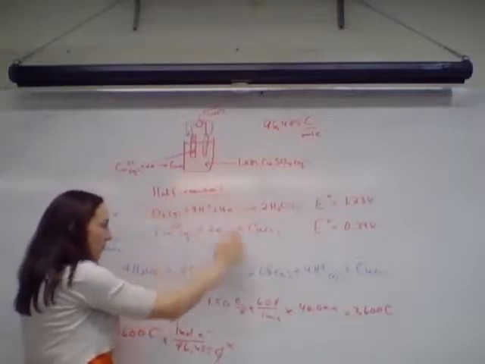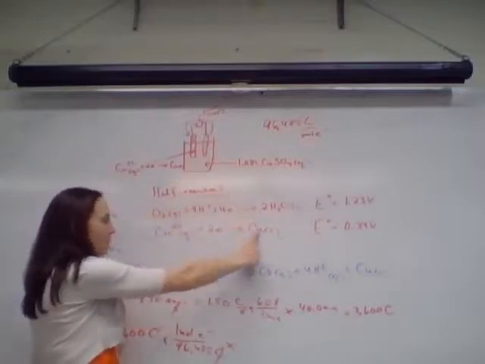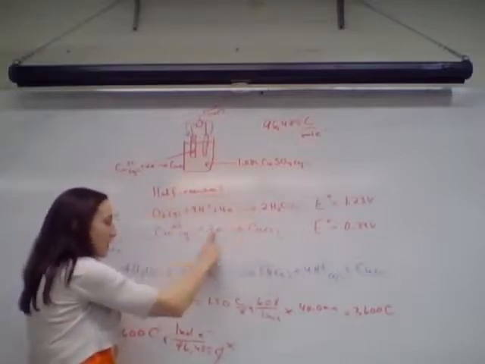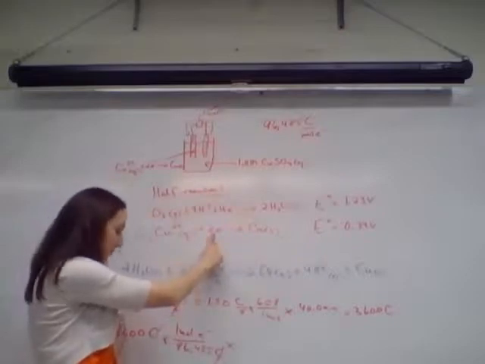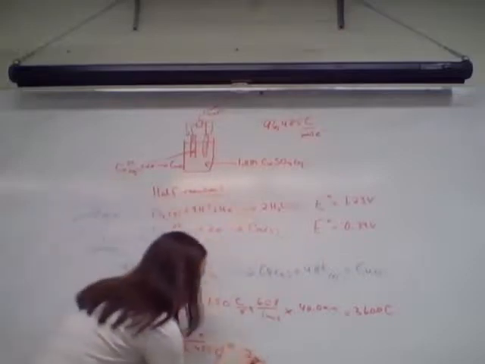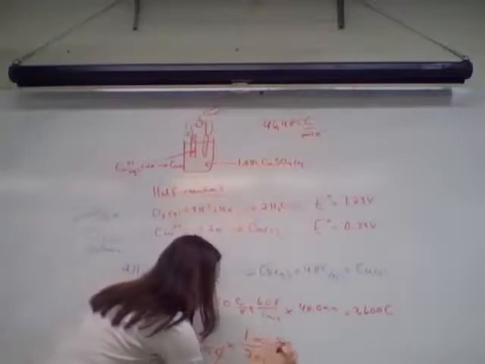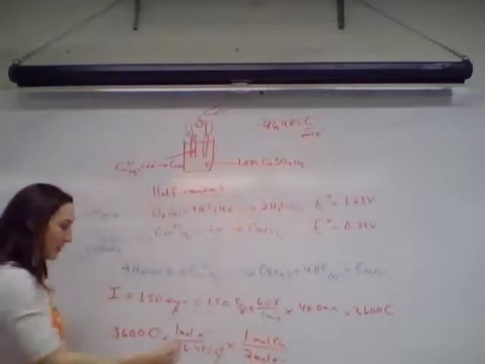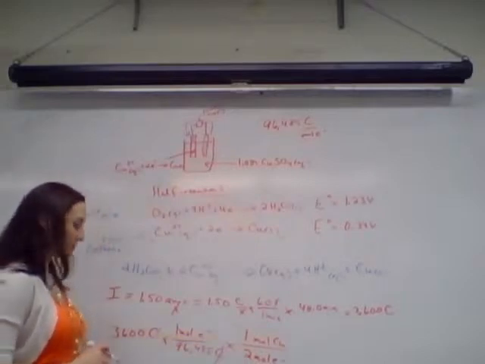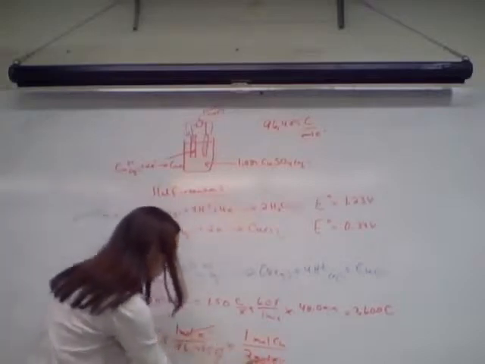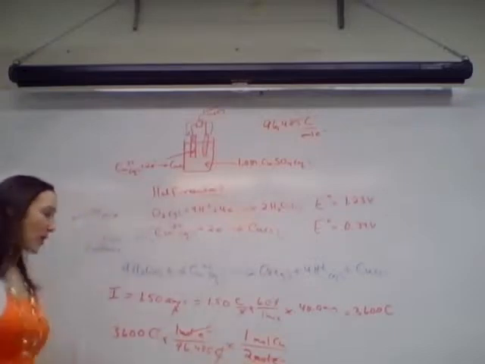I just want, for every one copper solid that gets formed, it takes in 2 electrons. So every 1 mole of copper that gets deposited takes in 2 moles of electrons. I know that from this half reaction equation. So moles of electrons have been converted to moles of copper.